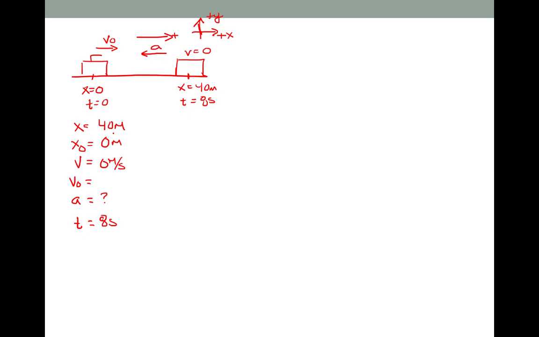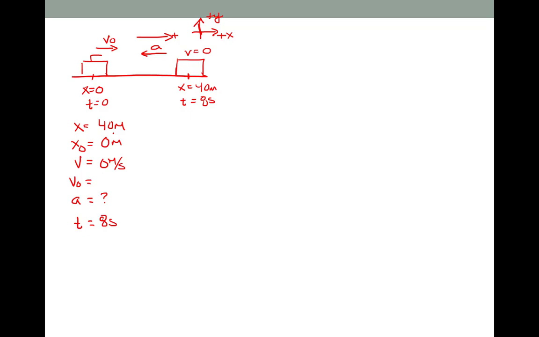Okay, I want to know acceleration. If I go back and think about the constant acceleration equations, all of them involve the acceleration, and all of them involve the initial velocity. So before I can find the acceleration, the first thing I need to do is try to get the initial velocity.